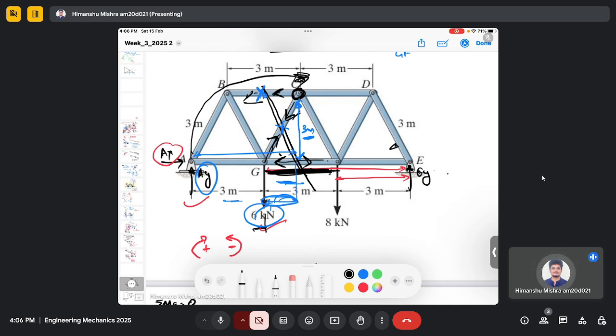And 6 kilonewton rotates in an anti-clockwise manner about point C like this. And we have assumed the direction of GF such that it will rotate in a clockwise manner about point C.